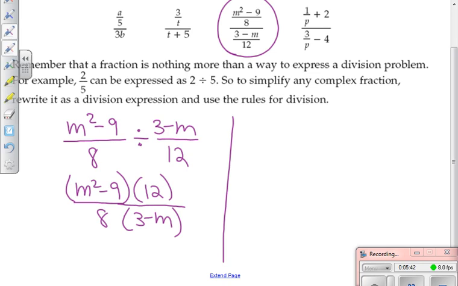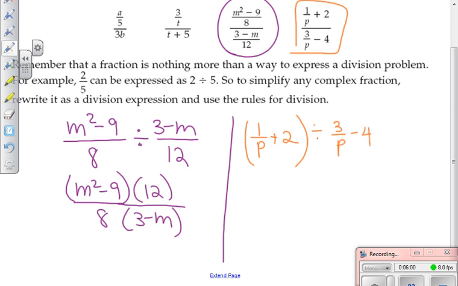Something like this one, you're going to want to go ahead and make common denominators in the numerator and in the denominator. So your numerator, if you have 1 over p plus 2, single number, divided by 3 over p minus 4, I'm going to multiply top and bottom here by p over p and p over p.